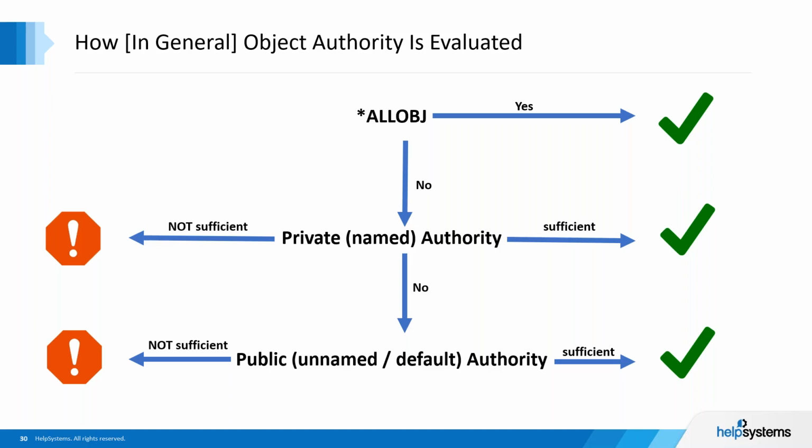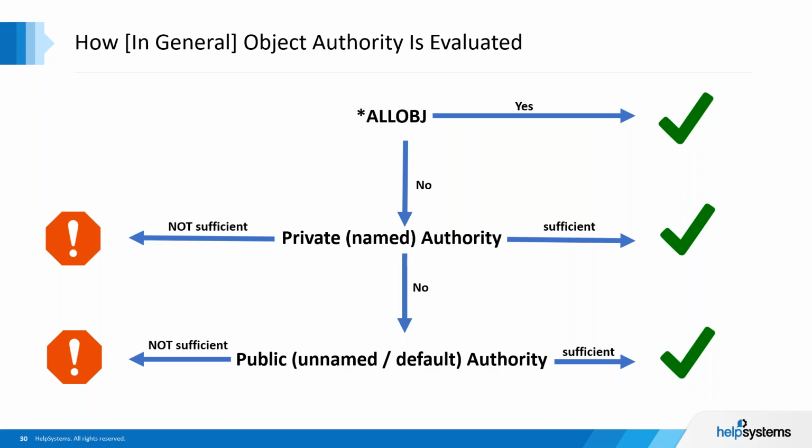The first thing that's evaluated is whether the user has all object. I mentioned that was the keys to the kingdom, and this is why. If the user does indeed have all object, then access is immediately granted and no other authority checks are performed. If the all object is actually lacking, then the operating system will determine if the user has any private authority to that object. And private is simply specifically named for the user or a group that they belong to.